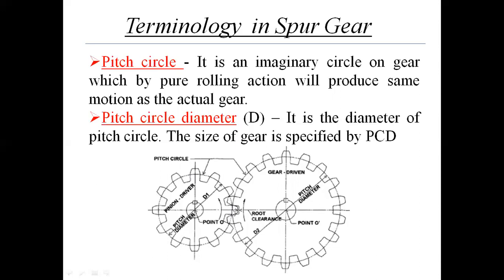That point is called the pitch point, or the point of contact. These two circles are tangent to each other, and the pitch circles of the pinion and gear roll on each other.